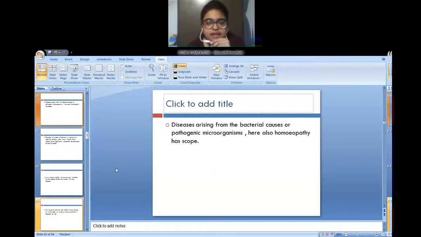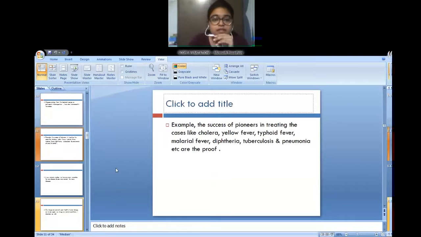So diseases arising from bacterial causes or pathogenic microorganisms, here also homeopathy has a scope, because the success of our pioneers in treating cases like cholera, yellow fever, typhoid fever, malarial fever, diphtheria, tuberculosis, and pneumonia, etc., is the proof that homeopathy can act in those cases where there is a reason behind the scene, there are microorganisms.